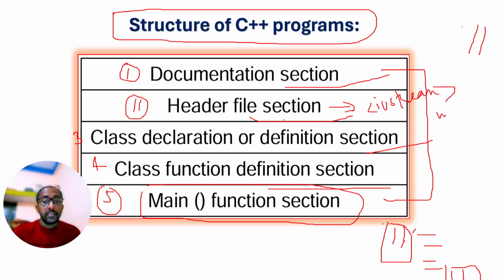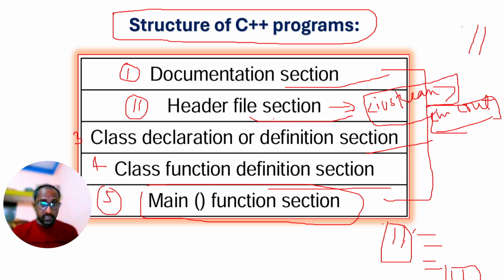This is used for cin and cout. To use the cin and cout input and output objects, you need to include the header file iostream.h.